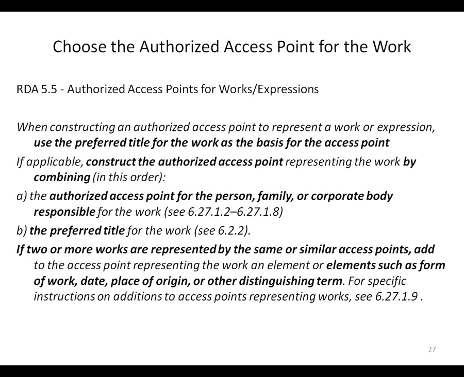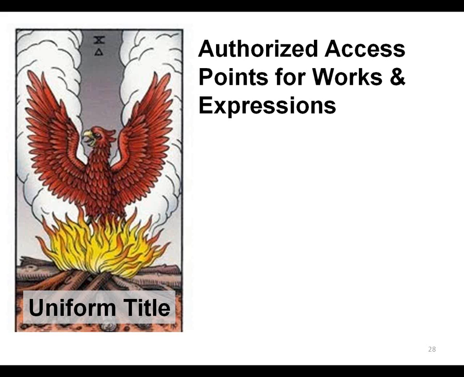Well, essentially, when a serials cataloger looks at this, they see a uniform title. So the uniform titles were used to uniquely identify serial works. So out of the ashes of the uniform title, RDA has produced the authorized access points for works and expressions.